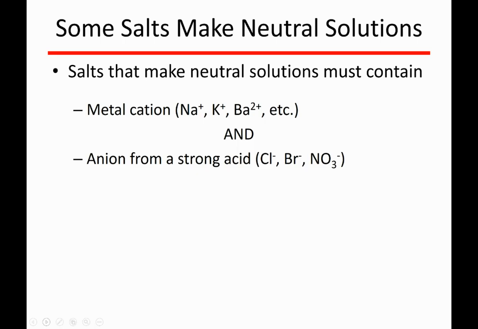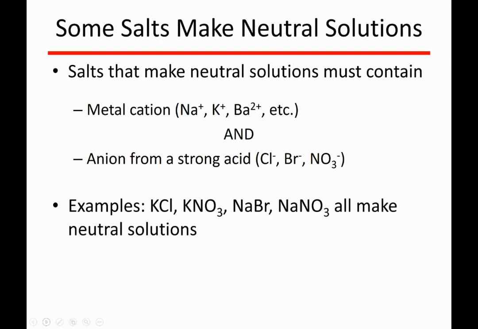These are also spectators. If you have a salt that contains both of these things, then both the cation and the anion will have no effect on the pH, and you'll end up with a neutral solution. Some more examples might be compounds like potassium chloride, potassium nitrate, sodium bromide, sodium nitrate. All of these would make neutral solutions because in every case you have a metal cation paired with the conjugate base of a strong acid.